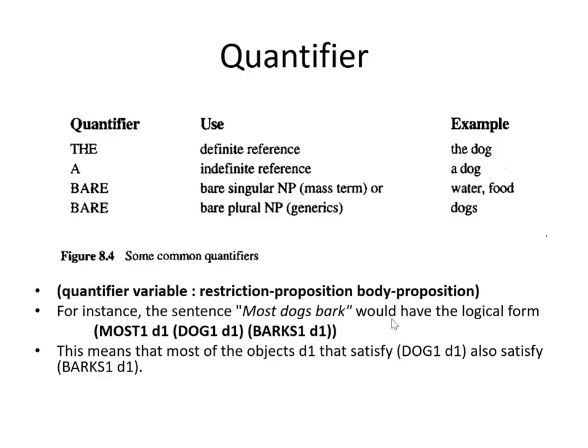Dog will be represented by dog1 as a keyword, and barks by barks1. So most D1, where D1 is dog1 and barks1, means that most of the objects D1 that satisfy dog1 D1 also satisfy barks1 D1. This represents most dogs bark.